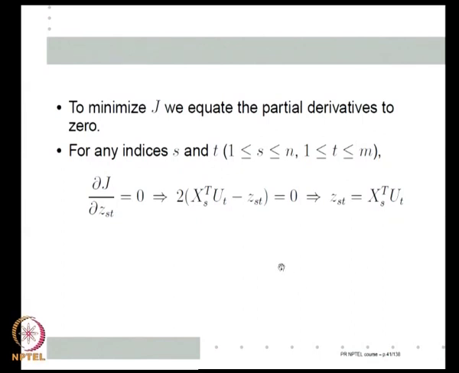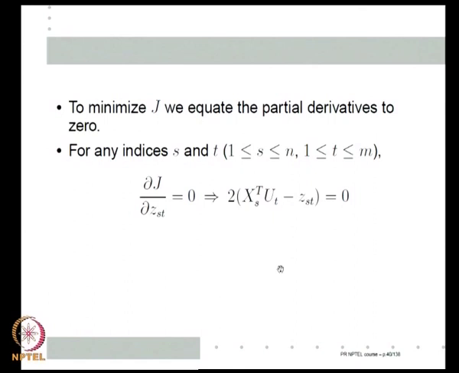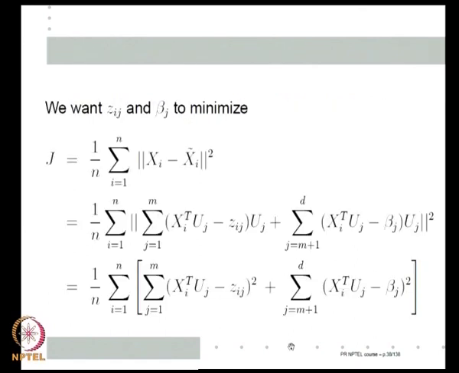Okay. What about beta? If I want to differentiate with respect to a particular beta t, that happens when j takes the value t. So, the derivative with respect to beta t will be 1 by n summation i equal to 1 to n of the derivative of this with respect to beta t. That happens only when j is equal to t, and the other term does not have any betas.